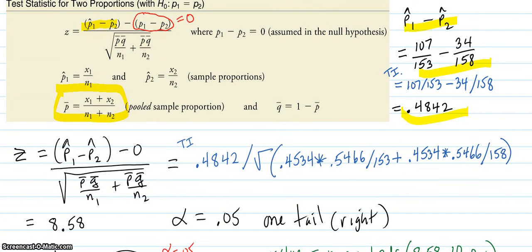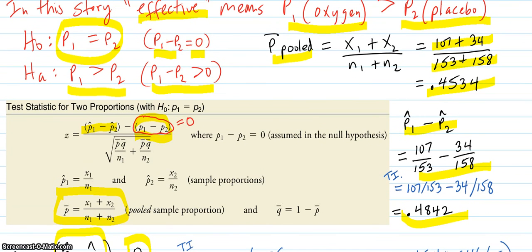So then you're looking for your Z value for your difference in sample proportions, and that's going to be the difference in the sample proportions minus the hypothesized difference of the population proportions, which is 0, which is kind of nice because it's hypothesized to be 0 right here.